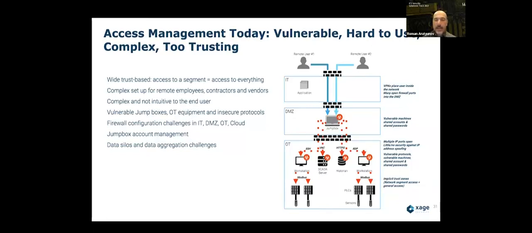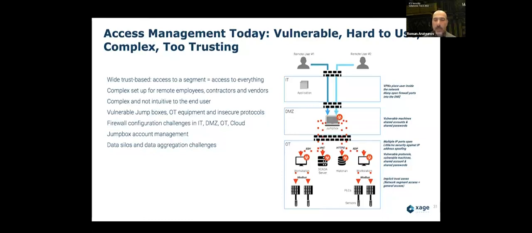But at the end of the day, you have OT segments, and there could be thousands of assets within there exposed over the same segment. Once malware is in, it could spread laterally very quickly. Some studies show it could spread across the entire segment and thousands of assets in less than 10 minutes.